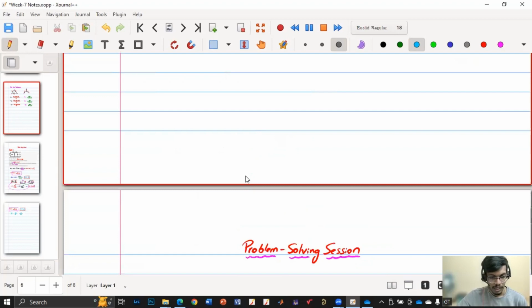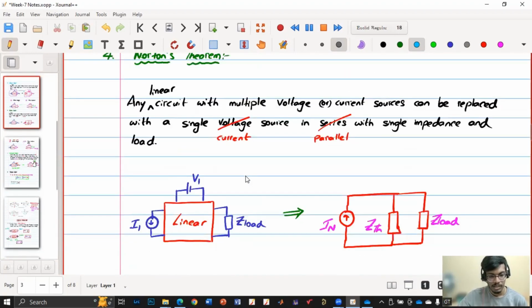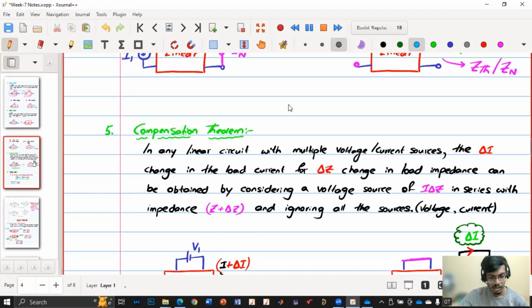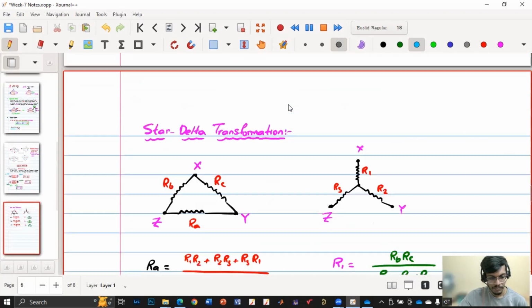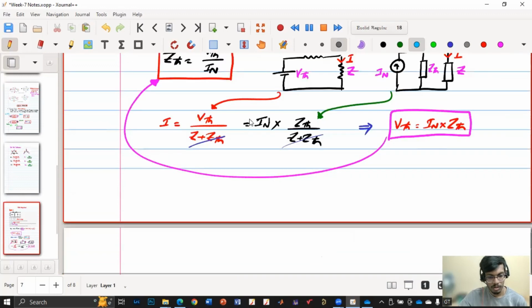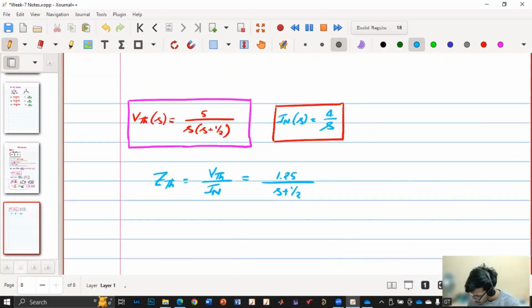Now we'll get back to our concept that this circuit can be replaced by VTH, ZTH, and load, everything in series. We'll do exactly the same thing, where here the load is 2 ohm. So I'll connect a circuit.